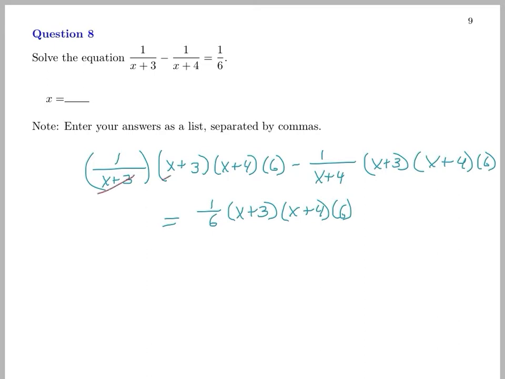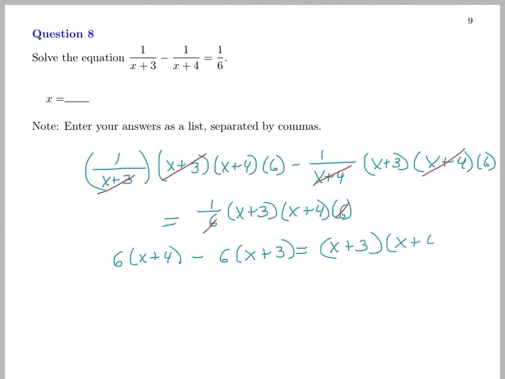And so we can cancel the x plus 3's, the x plus 4's, and then the 6's. So that gives us 6 times x plus 4 minus 6 times x plus 3 equals x plus 3 times x plus 4.